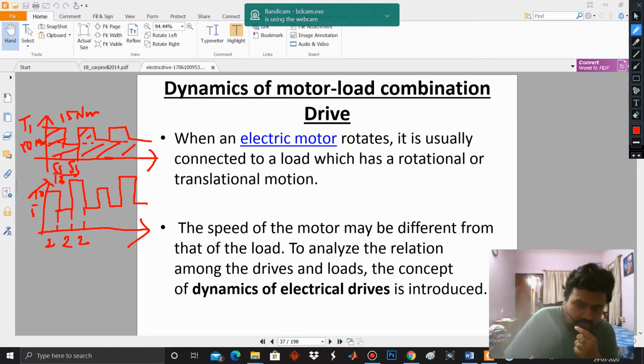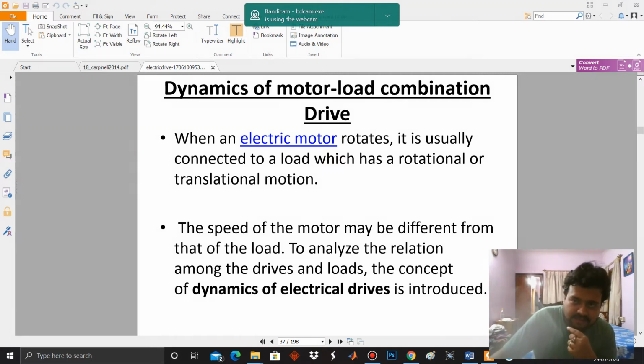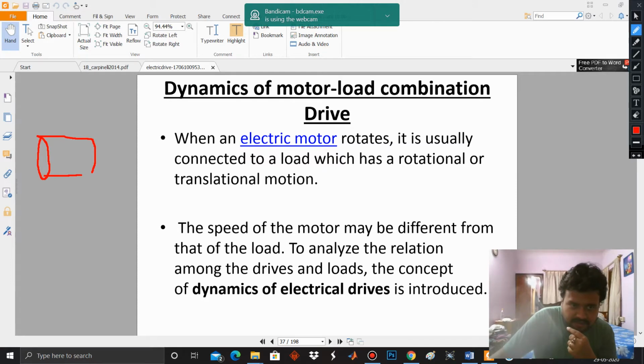So the speed of the motor may be different from that of the load. It is not necessary that the speed of the motor and the speed of the load are the same. Let us see with the help of an example. Suppose you are having a motor like this.